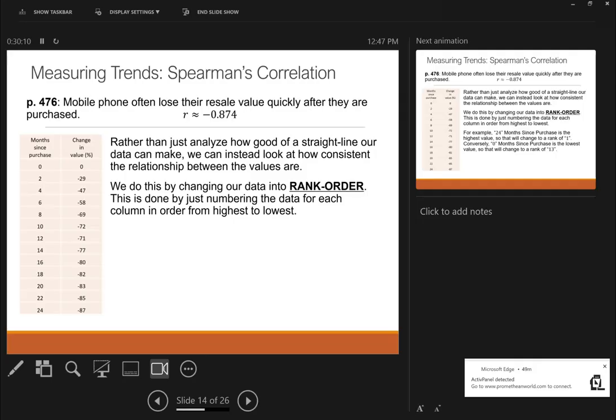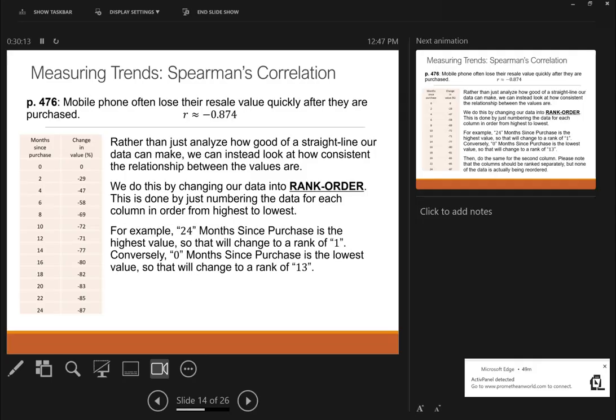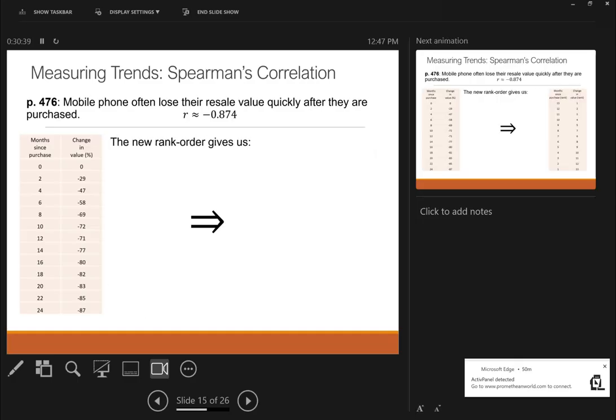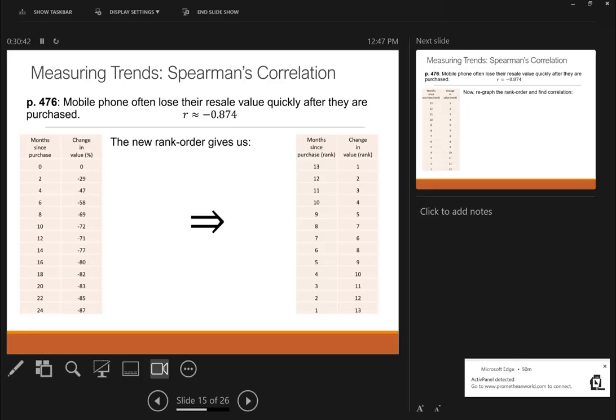If I look in the X column, the biggest X value is 24. That would now get rank 1. The next highest X is 22. That would become rank 2. So I renumber the X's all the way down to 13, because there's 13 total data points. And I would do the same thing for the Y's. So when I redo that, that's my new XYs.